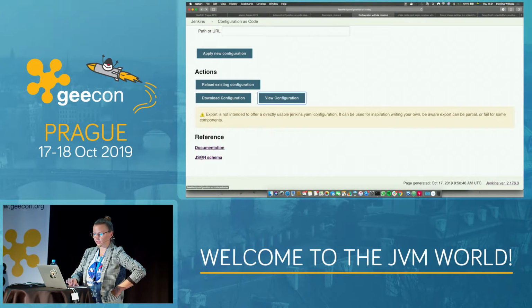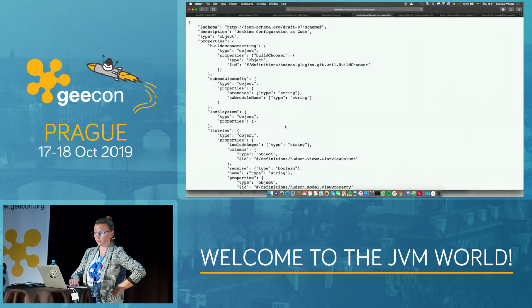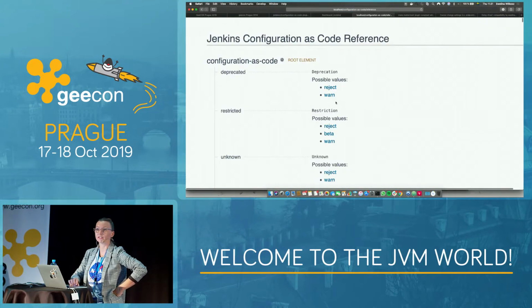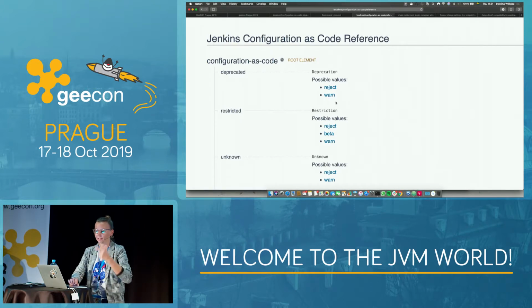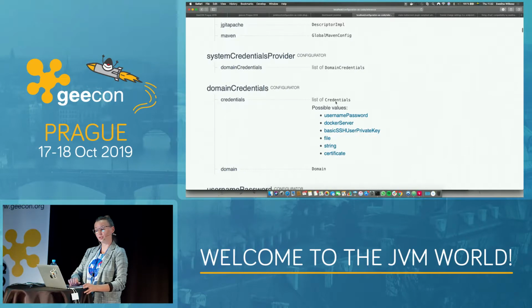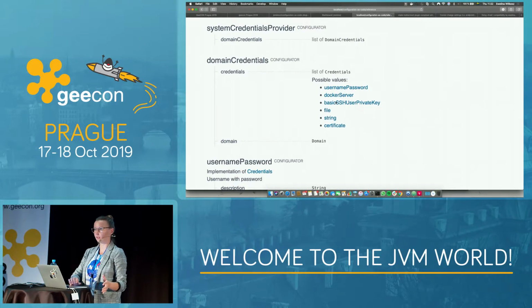The documentation and JSON schema that are generated are available here. This documentation that I said will be generated is based on the documentation for each plugin. It's being improved, and at the beginning it was quite tricky. Now I find it actually easy to use.